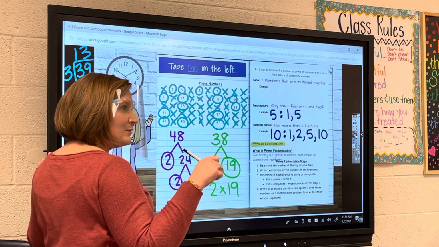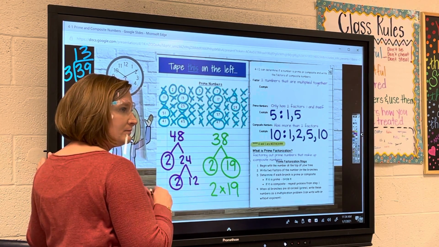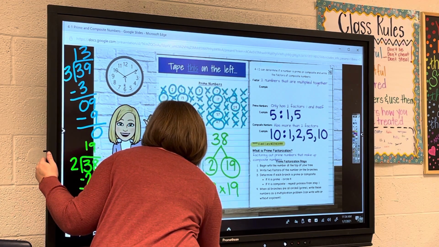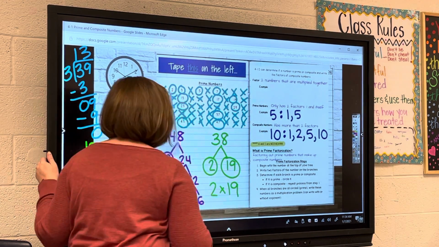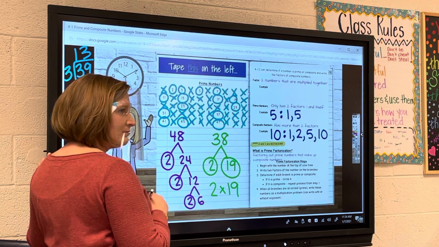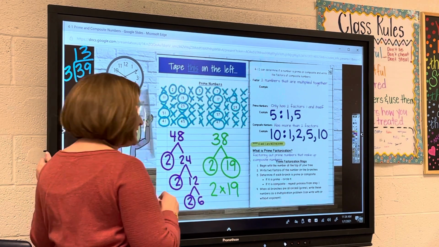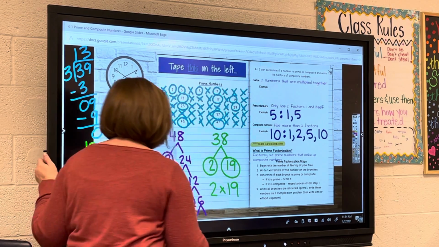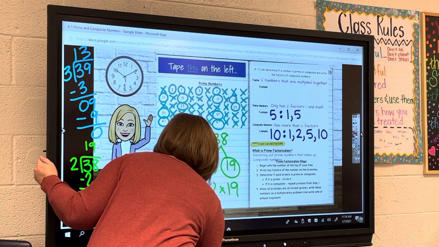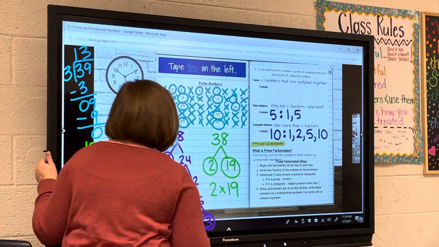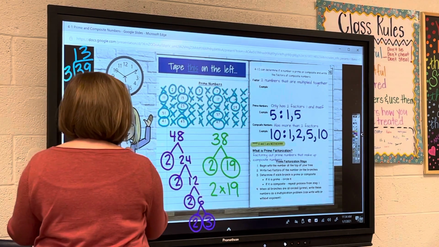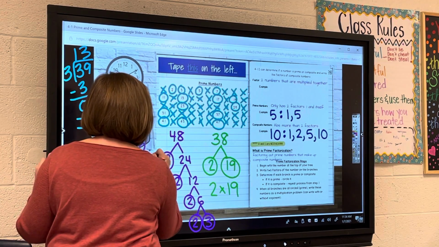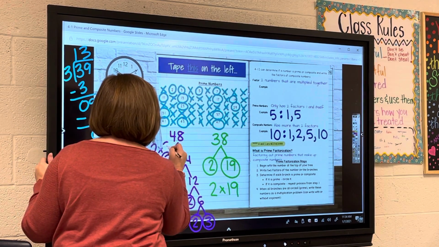What times what is 12? 6 times 2. 2 is prime. 6 is composite. What times what is 6? 3 times 2. So we have 2 times 2 times 2 times 2 times 3.